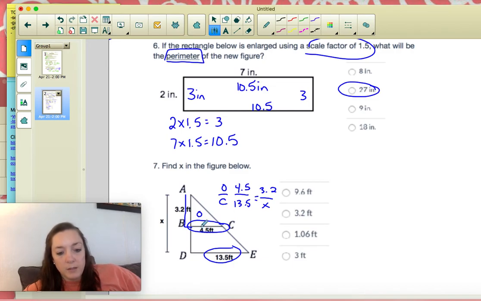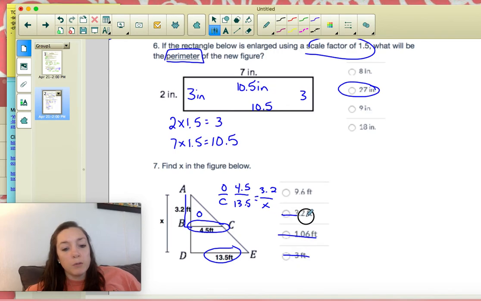Before we do anything else, let's just think rationally here. If the original is smaller than the copy, obviously this x has to be bigger than 3.2, right? So if I take 3.2 away, the only realistic option is 9.6. That's one way to look at it. Then you can cross multiply and divide or figure out the unit rate, whatever. To me, process of elimination helps a lot sometimes.